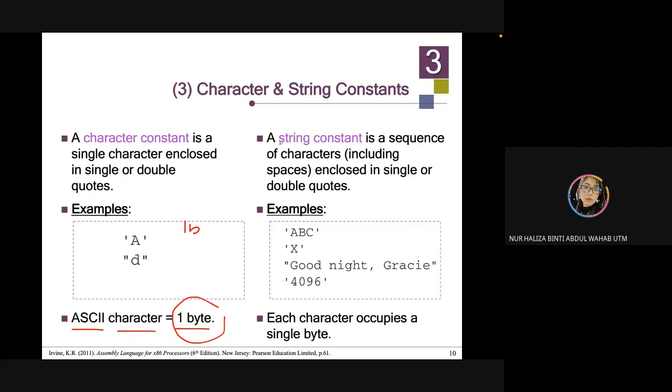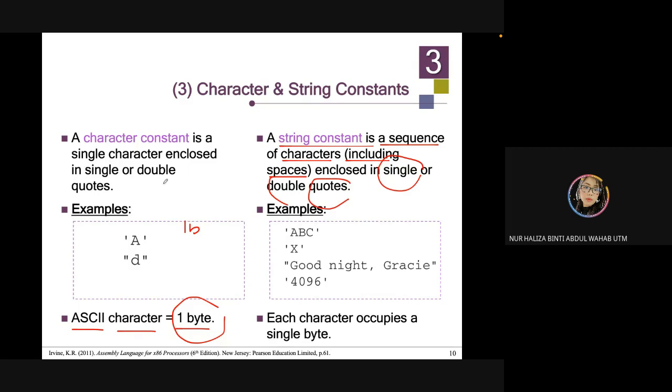A string constant is a sequence of characters, including the space, but you still need to use single or double quotes. Why do you need to use this?